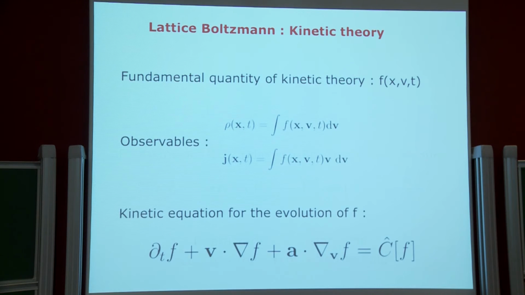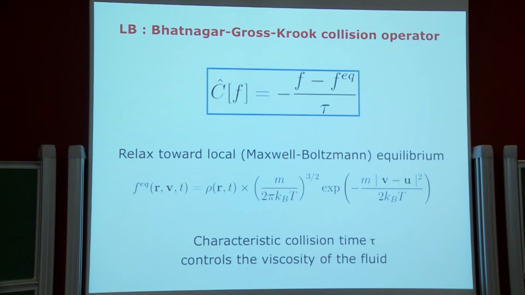But now you want to relax towards this equilibrium, so you need to specify how the non-equilibrium f will approach the local equilibrium f^eq here. And the simplest form you can imagine is in fact sufficient if you want to recover the hydrodynamic behavior.